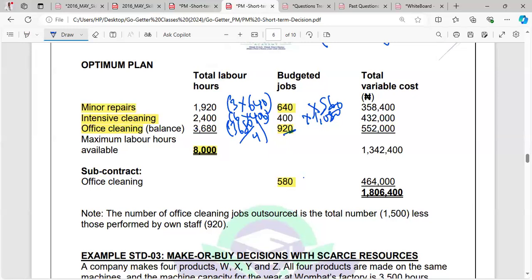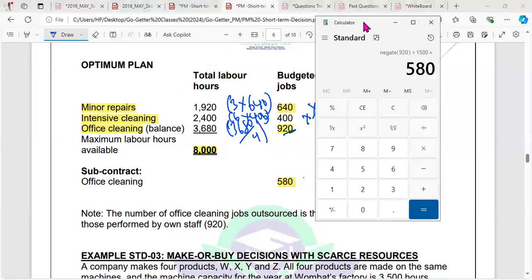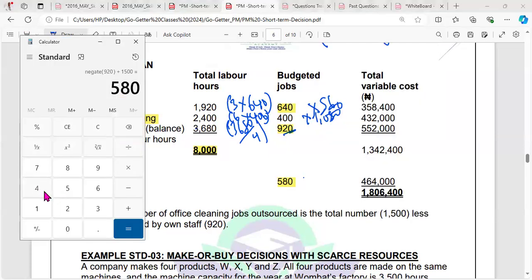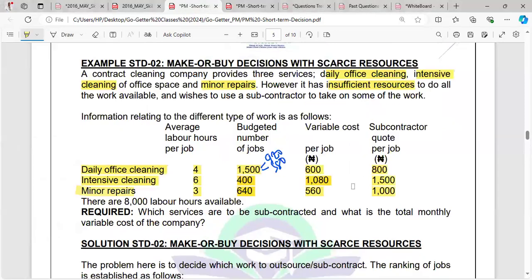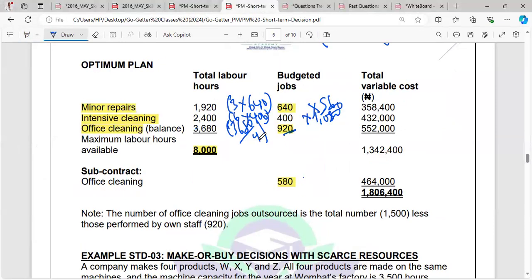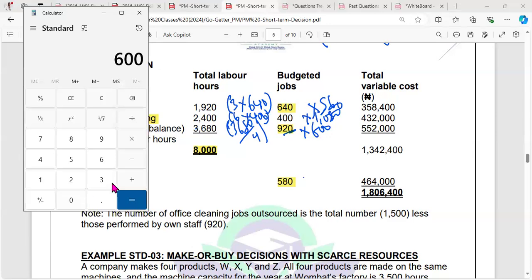So let's do it together. 400 multiplied by 1,080. That gives me this 432,000. And of course, we have 600 as our variable cost in the last one. So I'll multiply this by 600. So I have here 600 multiplied by 920, and that gives me this 552,000.